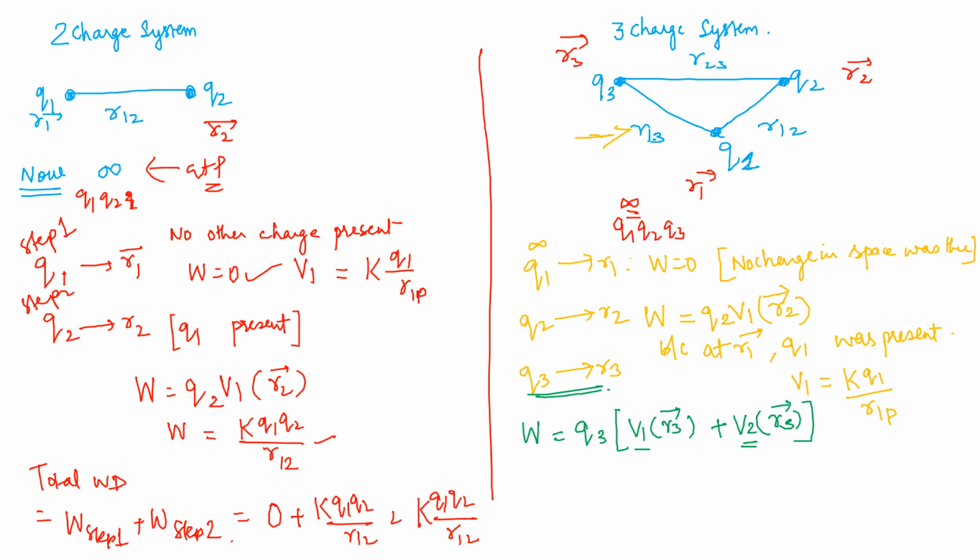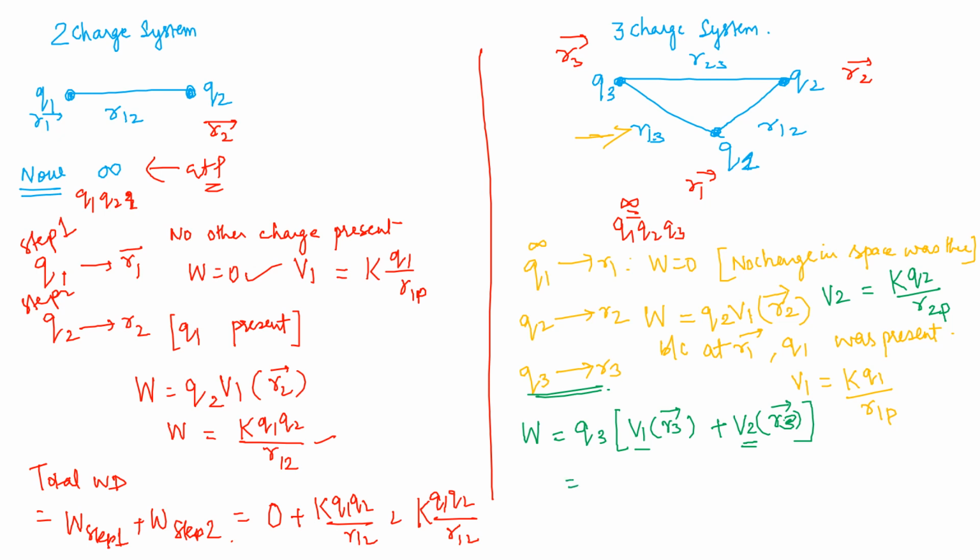The potential due to charge 2 is given as KQ2 upon R2P, the distance from infinity to position vector of 2.